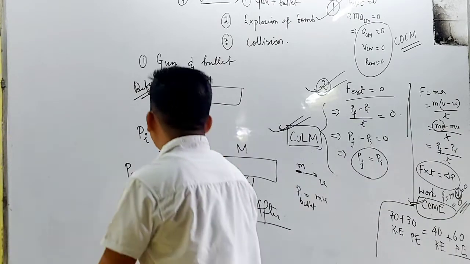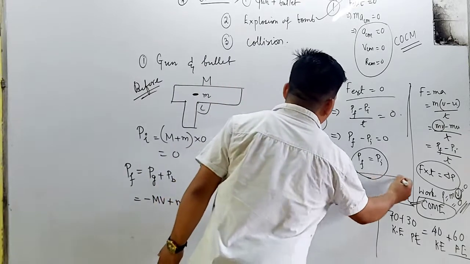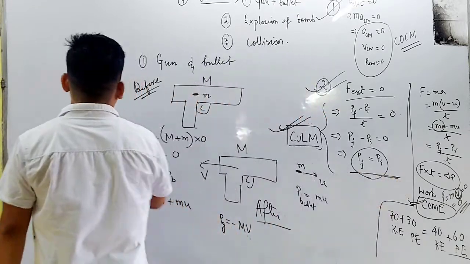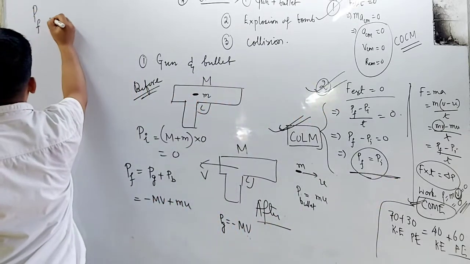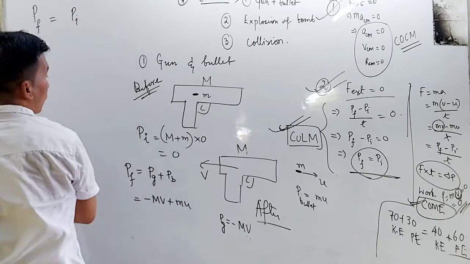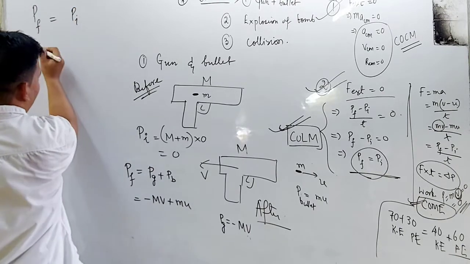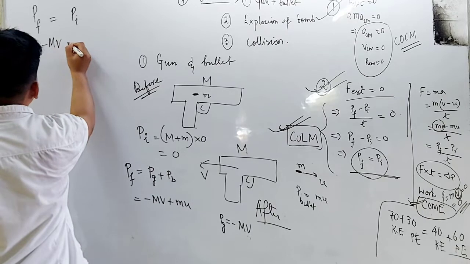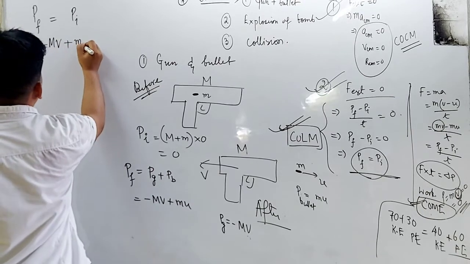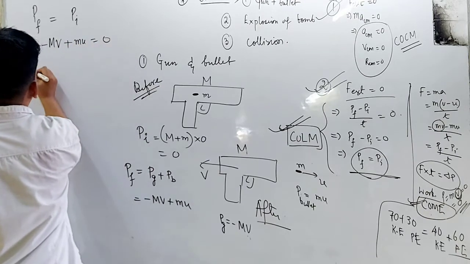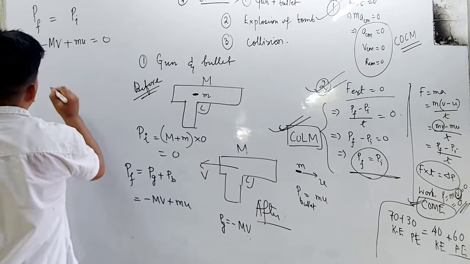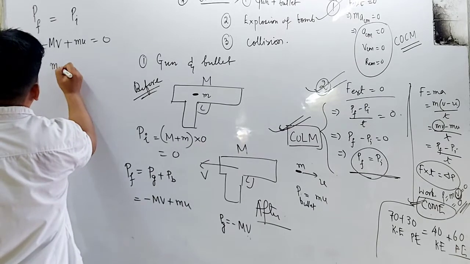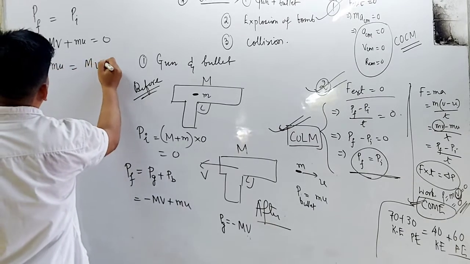Sir, here very simple. Your conservation of linear momentum will be Pf is equal to Pi. You put the value: minus MV plus Mu is equal to 0. And here simply Mu is equal to MV.